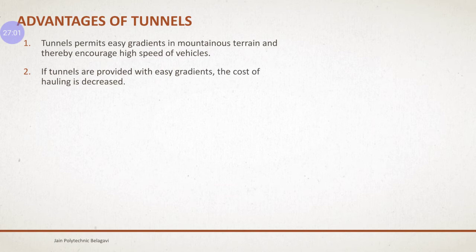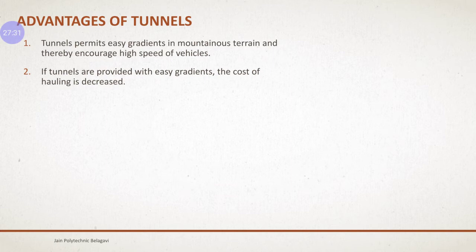If tunnels are provided with an easy gradient, the cost of hauling is decreased. What is hauling? Hauling is nothing but the vehicle capacity or the power required for a vehicle to move from one place to another. Whatever energy is required for a vehicle to move on that road is called hauling.